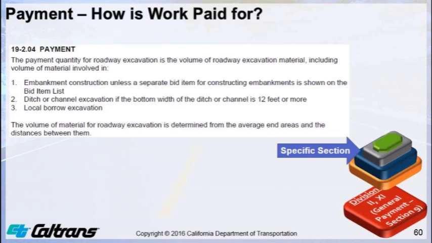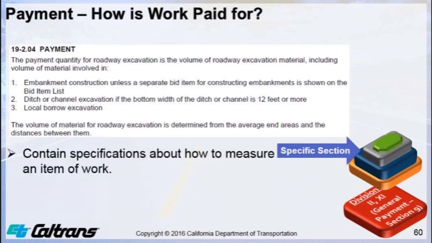Shown on the screen now is the specific payment section for Section 19-2 Roadway Excavation. The specific specification payment sections are usually where you will find payment information. Most of these specifications will be about how to measure an item of work.